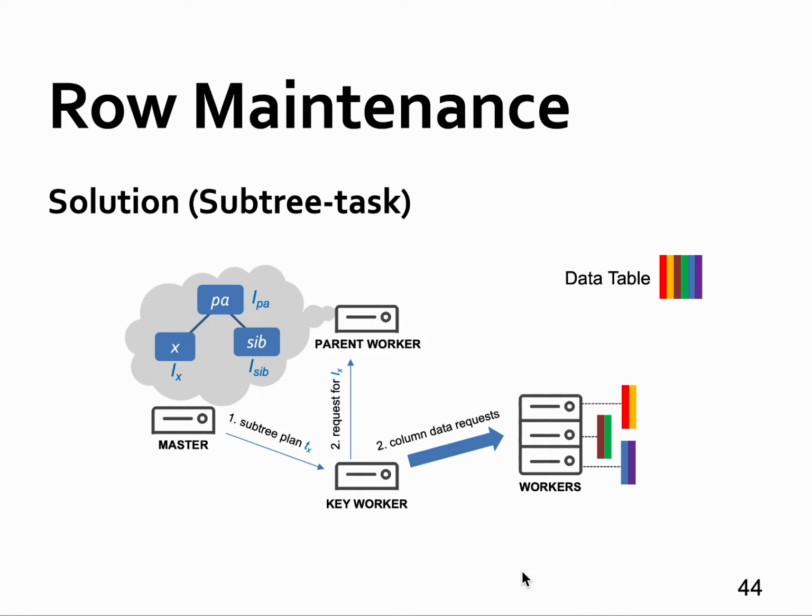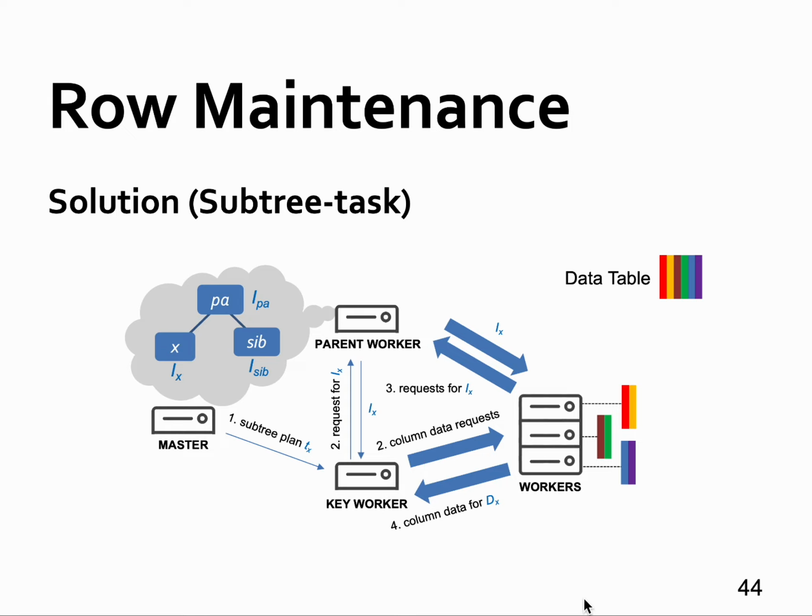It also requests the column data for the attributes from other workers. These requests do not contain row indices either, and the workers obtain the row indices of node X by contacting the parent worker themselves, and get the column values for those rows back to the key worker.